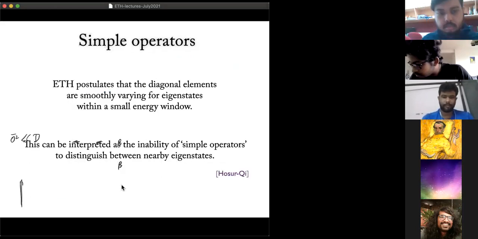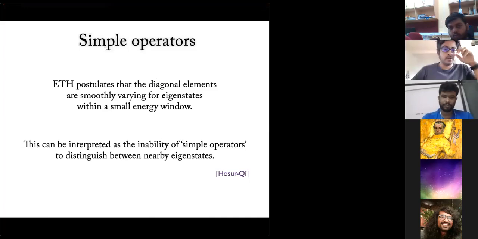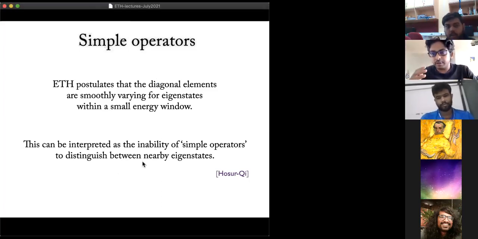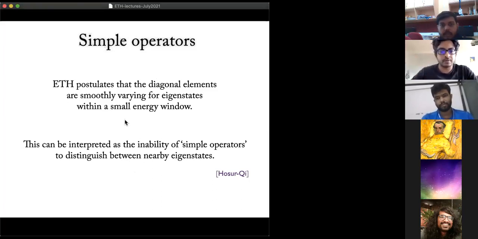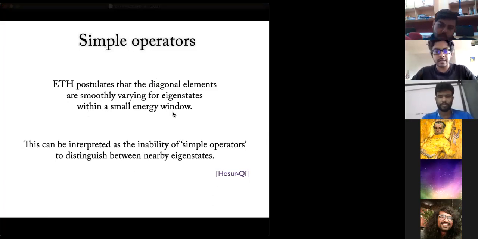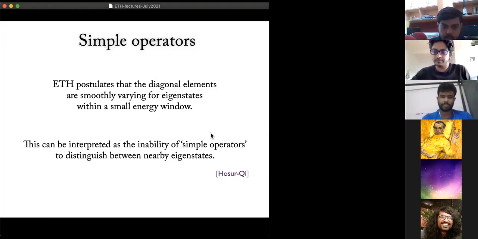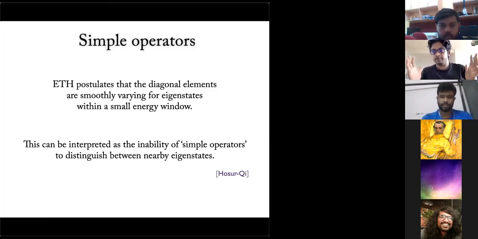So ETH holds for local, simple, and nice operators. As we saw, ETH postulates that the diagonal elements are smoothly varying for eigenstates within a small energy window. You can interpret this as the operators being simple enough that they cannot distinguish between nearby eigenstates, and that is the reason that leads to this smoothness.